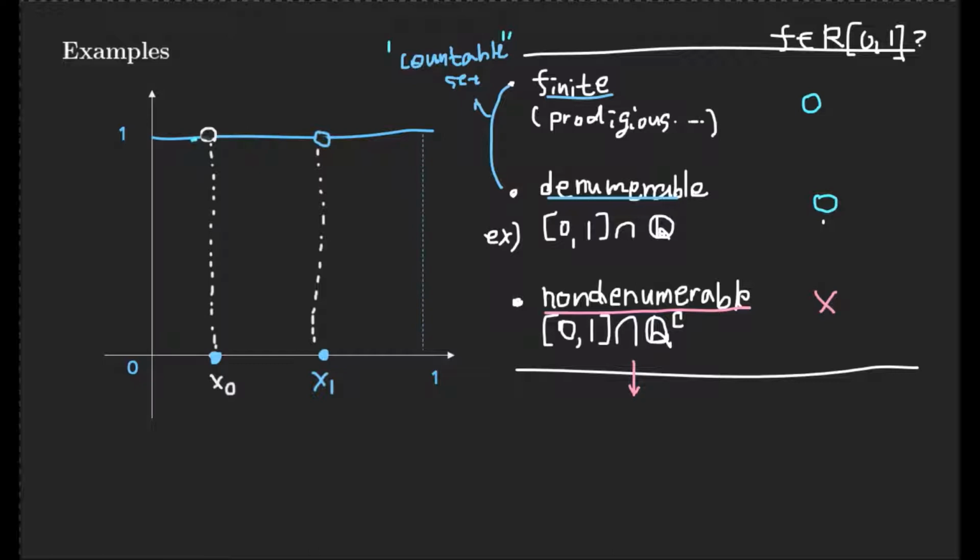So the short point is: if the set of discontinuous points is countable, even though the function is discontinuous, with the cardinality of the discontinuity set the same as the natural numbers, it is Riemann integrable.